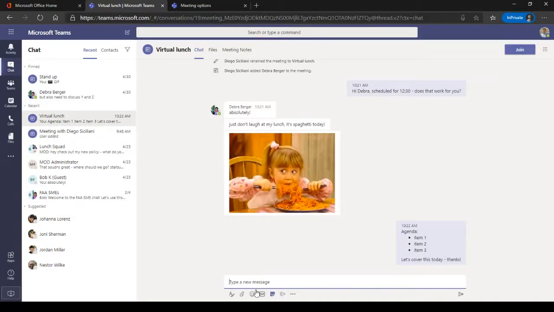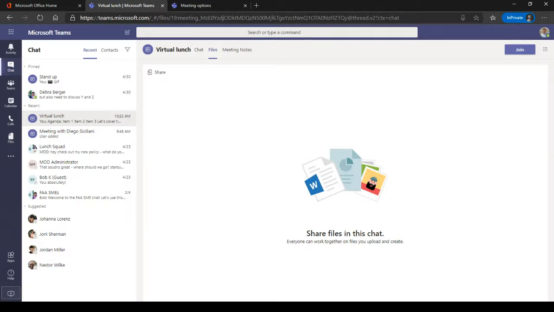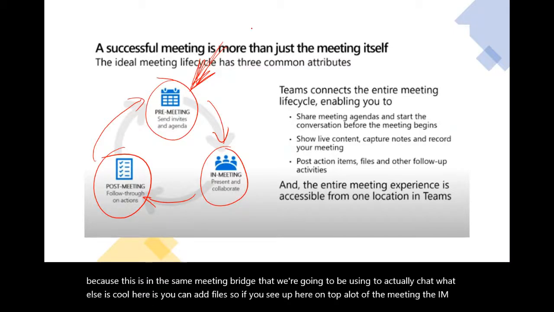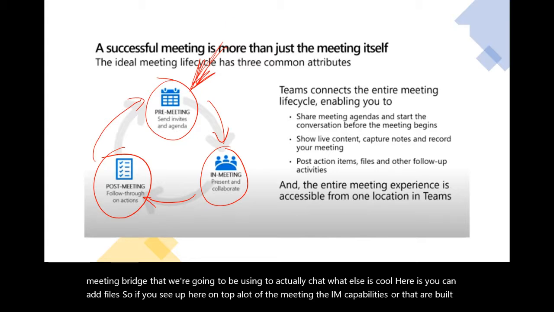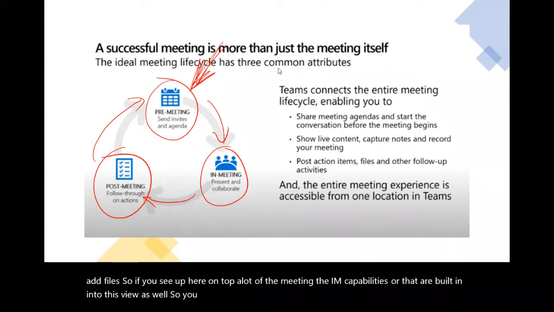What else is cool here is you can add files. If you see up here on top, a lot of the IM capabilities are built into this view as well. So you can go and add files. Let's say I want to add... I probably have something around. Whoops, got a lot of stuff on.